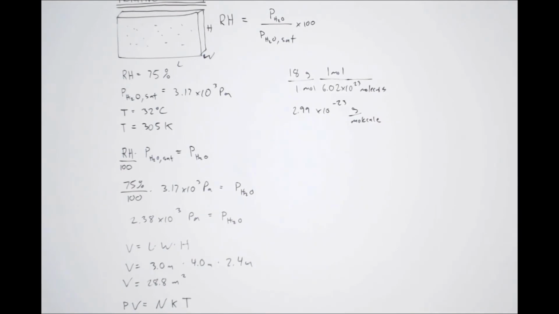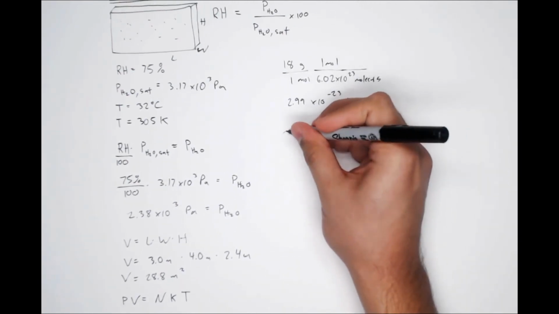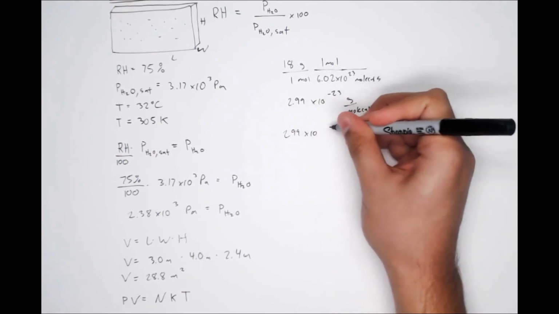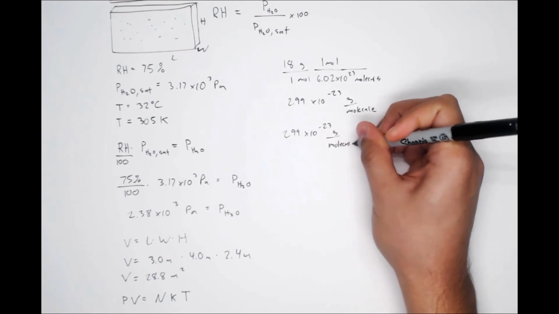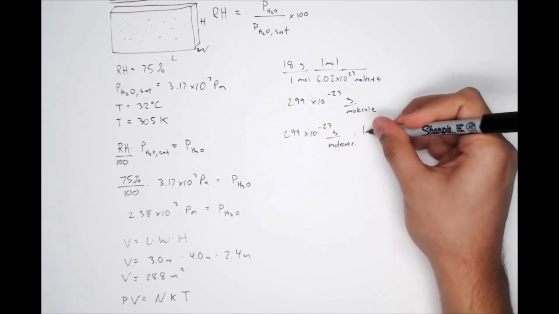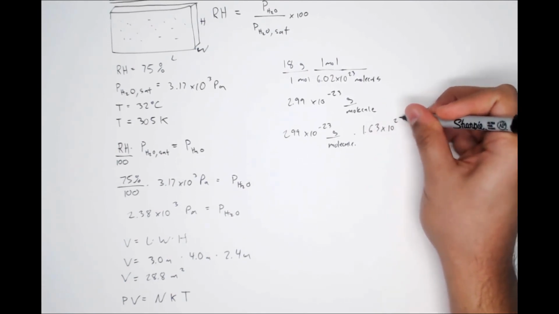Now that I have that, and I have over here the number of molecules, I'll just multiply these results together. So 2.99 times 10 to the minus 23rd grams per molecule times the number of molecules that I have, which is 1.63 times 10 to the 25 molecules.